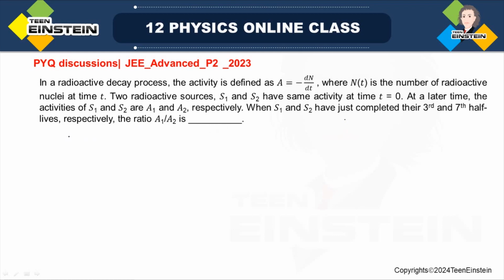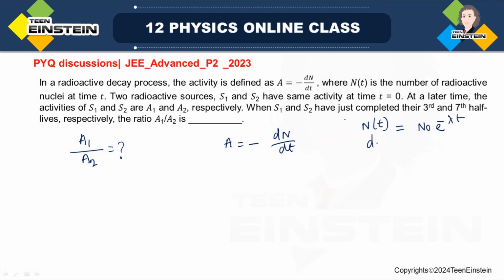So here you have to find the ratio of the activity of sample 1 to the activity of sample 2 at any later time t, and this number will be some non-negative integer. According to the problem, the definition of activity is given as minus dN/dt, and this N is the number of nuclei at any time t, which is given by N0 e to the power minus lambda t.